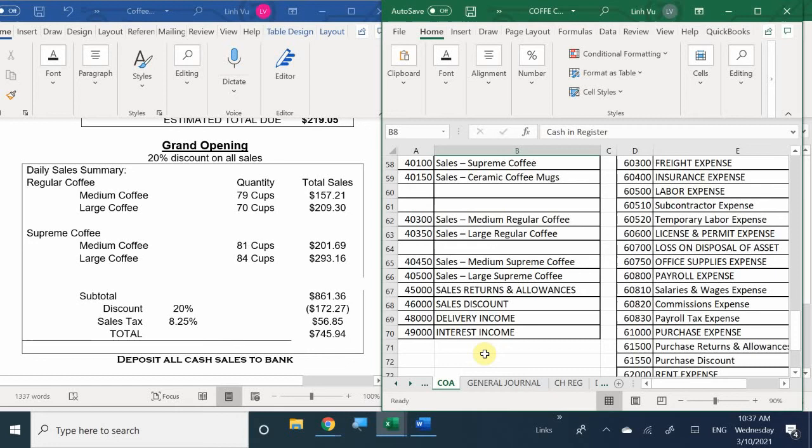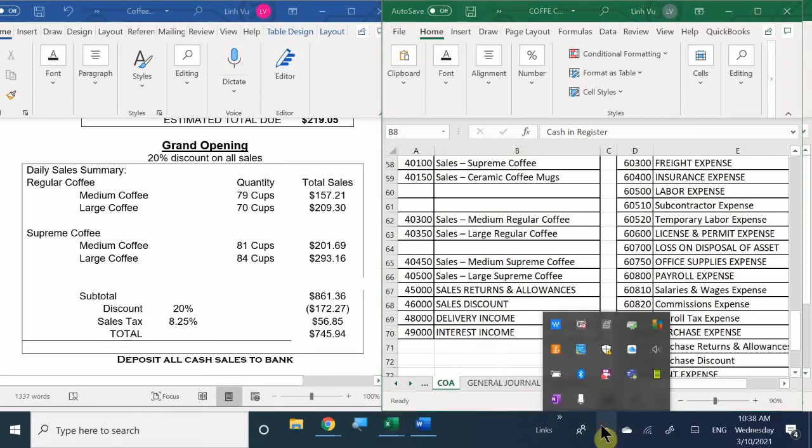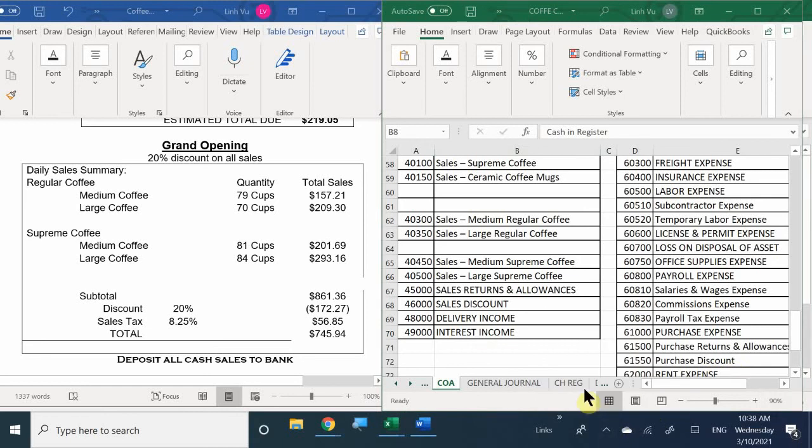If I have two different selling prices, I want to separate that so I can see which one sells better. Are my larger cups more successful, or is my supreme coffee doing a lot better?